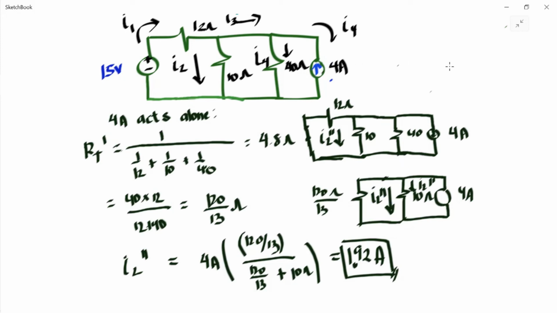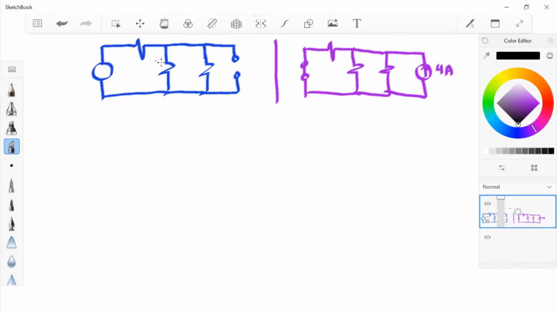As you can see, in our previous solution, this is I2 prime and this is I2 double prime. Therefore, for the real-time value of I2, they both have the same current direction.